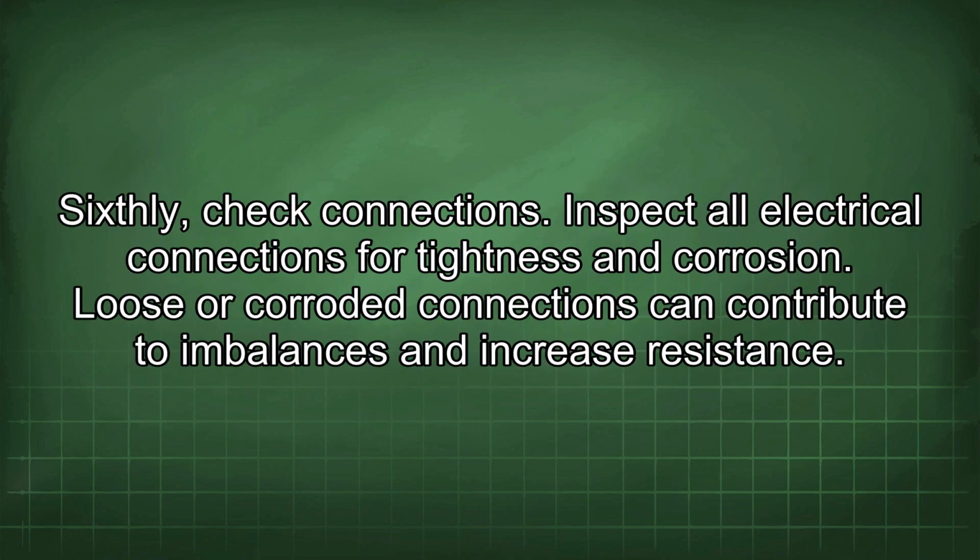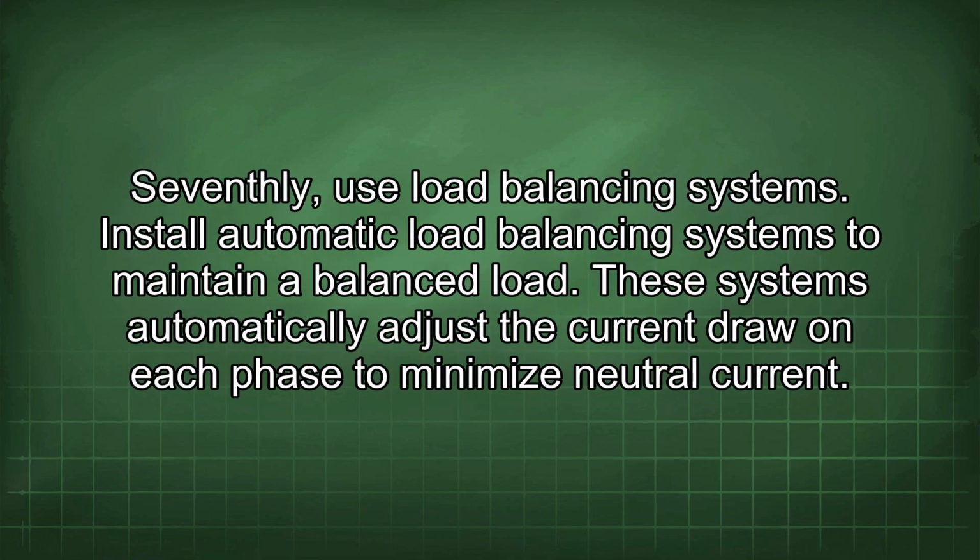Sixthly, check connections. Inspect all electrical connections for tightness and corrosion. Loose or corroded connections can contribute to imbalances and increase resistance. Seventhly, use load balancing systems. Install automatic load balancing systems to maintain a balanced load. These systems automatically adjust the current drawn in each phase to minimize neutral current.